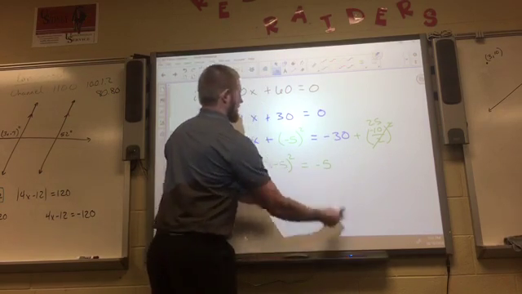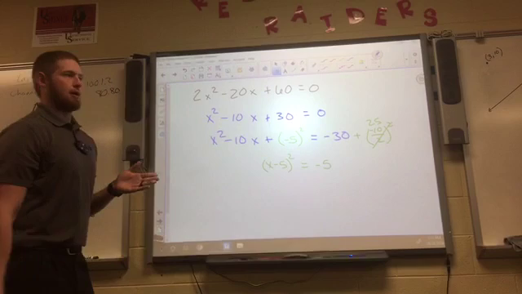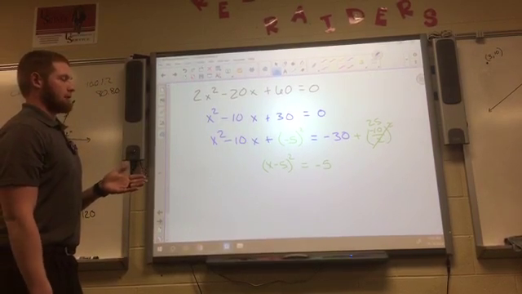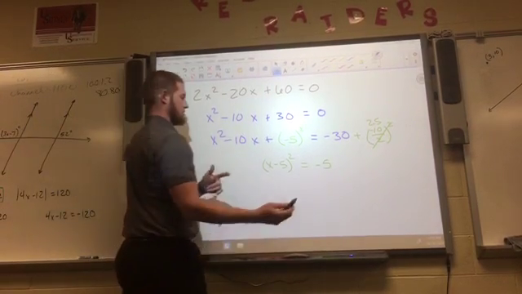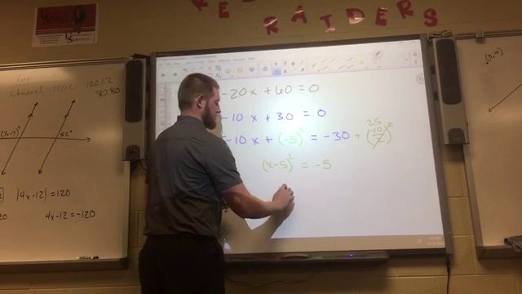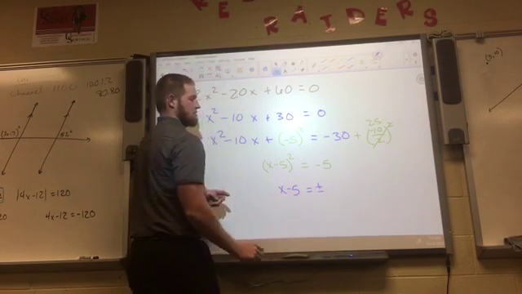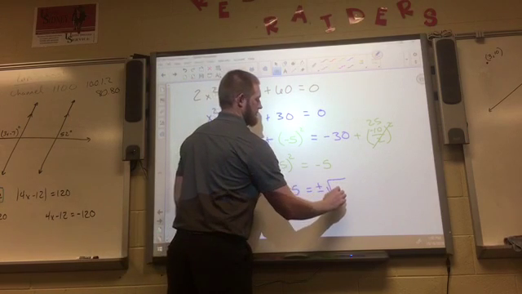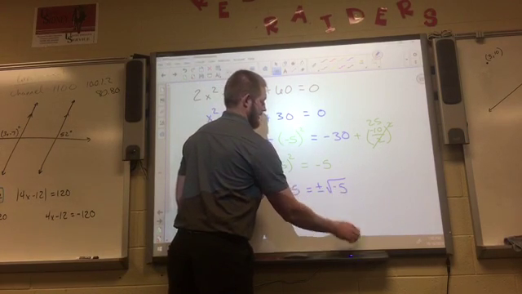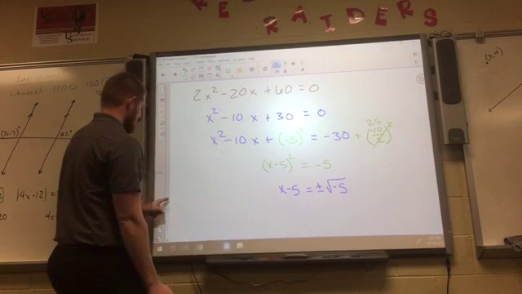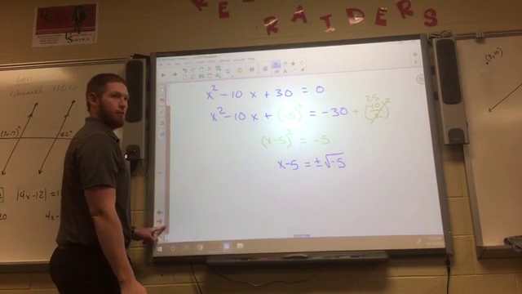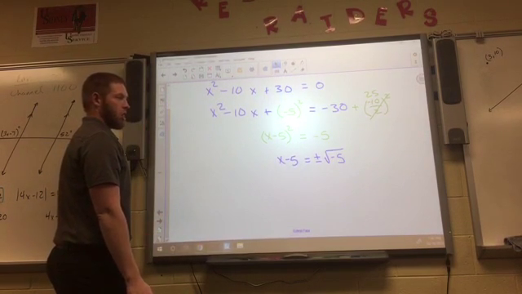Now we can just finish solving this out algebraically. So just like Damien said, square root both sides. So I have x minus 5 equals plus or minus the square root of negative 5. Does the plus or minus always go in front of the square root then?